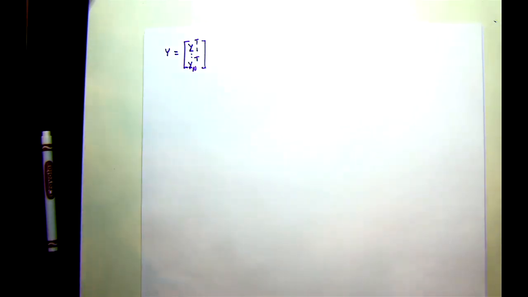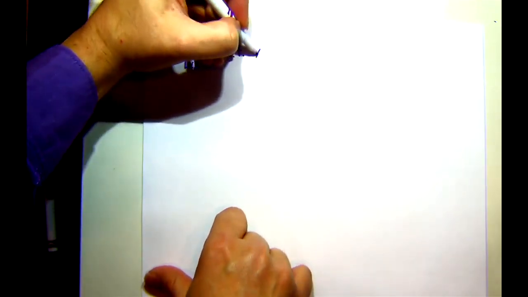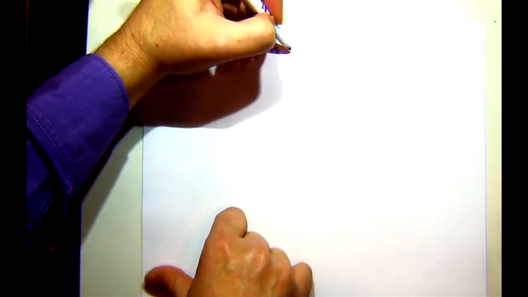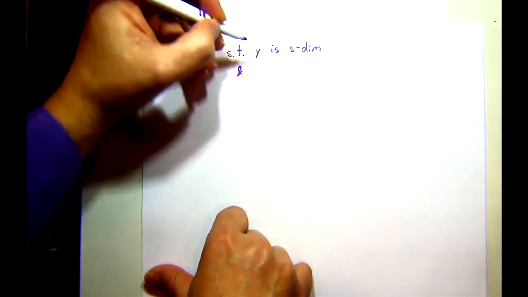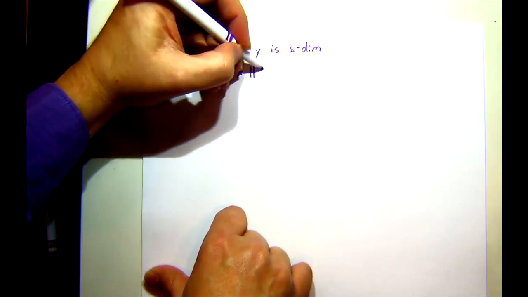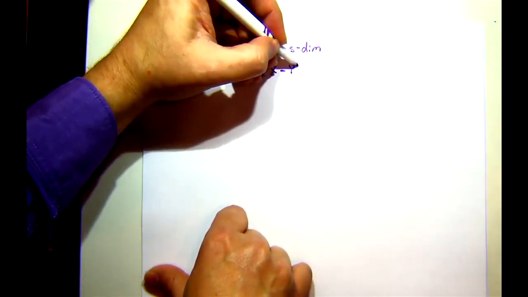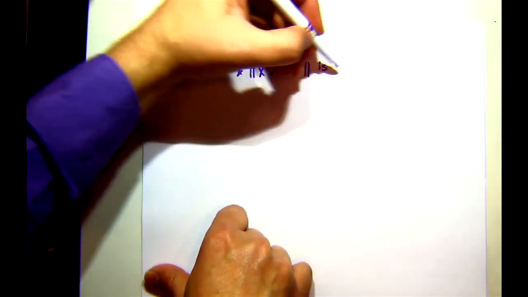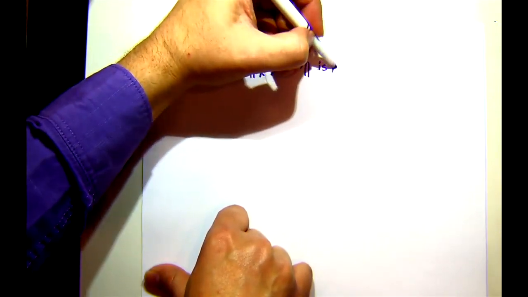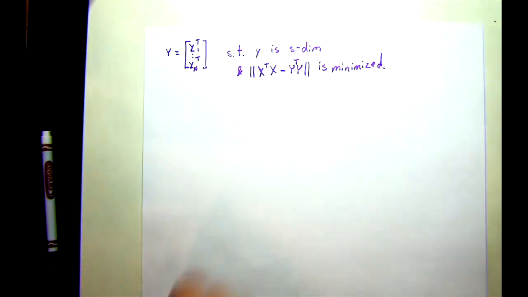Again, that's such that Y is some low S-dimensional space, and the distance between X^T X and Y Y^T is minimized. So that's the problem we have to solve in order to do this.